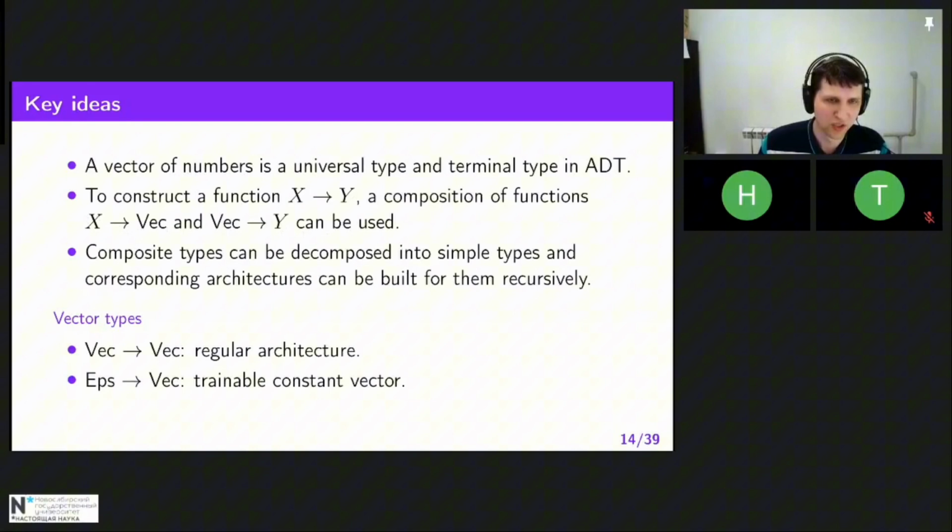As mentioned above, the vector is a universal type, and it would be a terminal type in ADT notation. So we can decompose the notation and recursively build architectures for simple types, and when we decompose it, we stop at vector types, because vector is a terminal type.